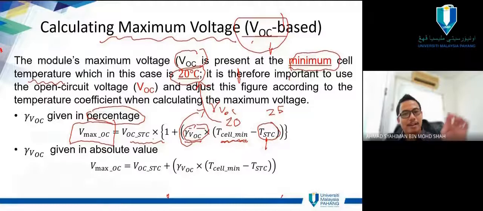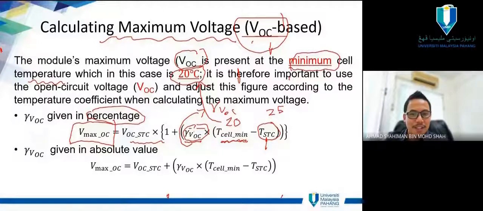Why 20? This is the expected or ideal value of the cell temperature when the module will perform better. So it becomes 20 minus 25, which is minus 5. Oh my god, what happened?